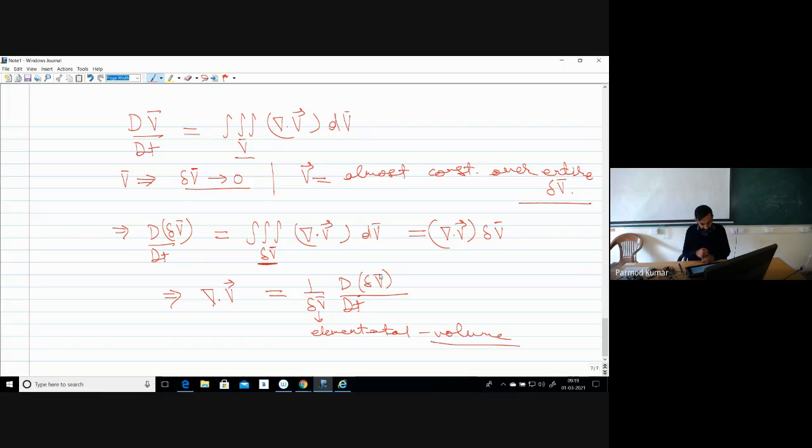So the divergence of the velocity field physically specifies nothing but the time rate of change of elemental volume per unit elemental volume. This is one important significance, the physical meaning of the divergence of the velocity field. Let me repeat once again: the physical meaning of the divergence of the velocity field is equal to the time rate of change of elemental volume per unit volume.